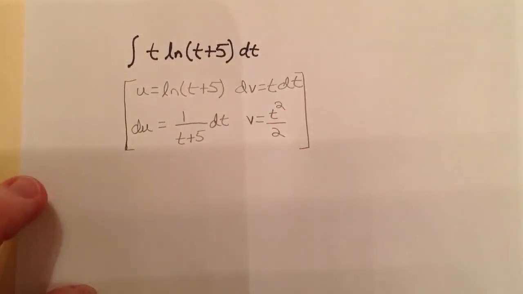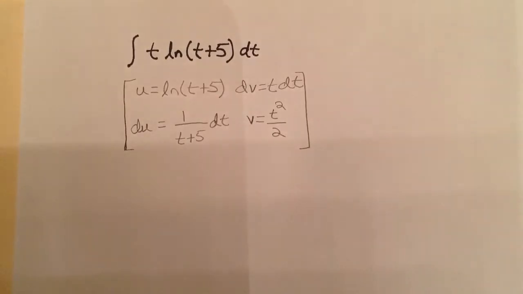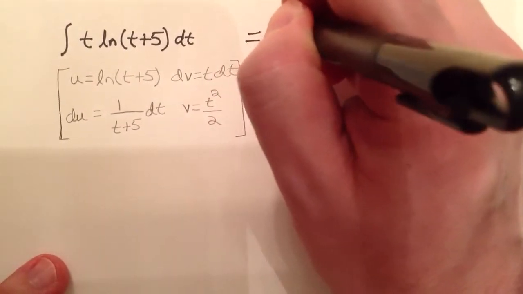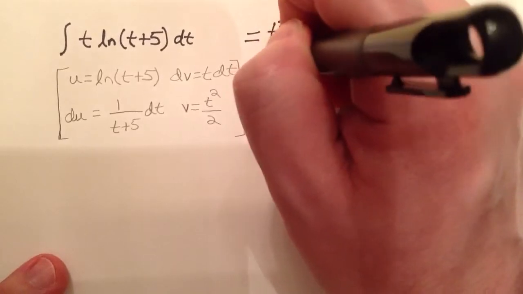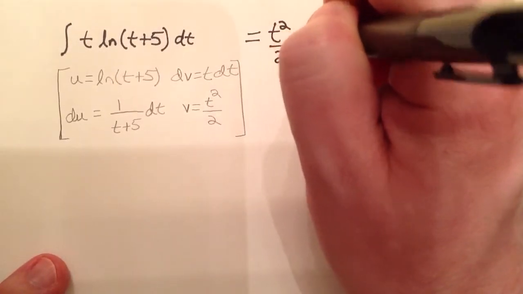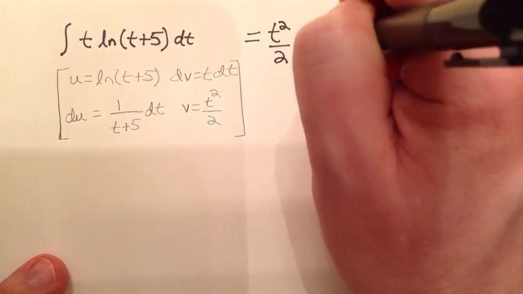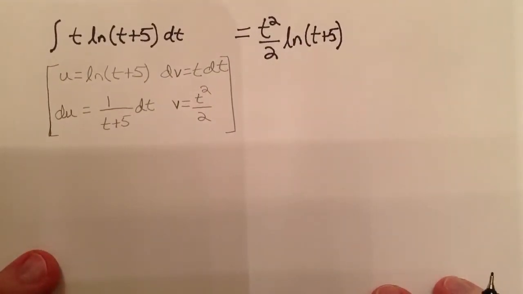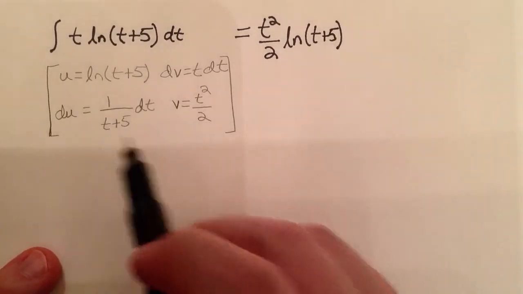Now, for what we have in this problem, again with the integration by parts, we have for u times v, this will be t squared over 2 times the natural logarithm of t plus 5, and then we're going to have minus the integral of v times du.